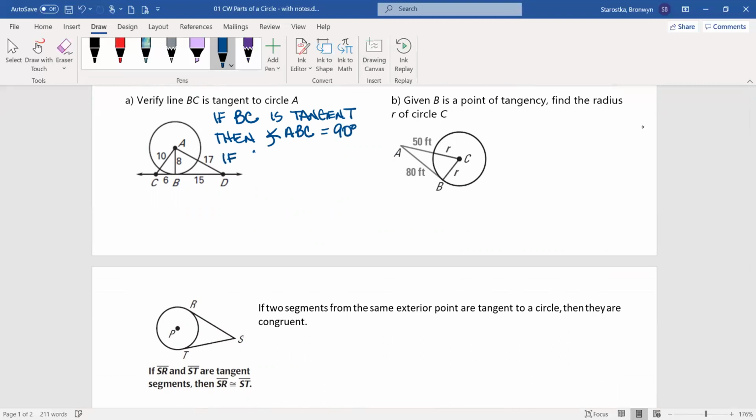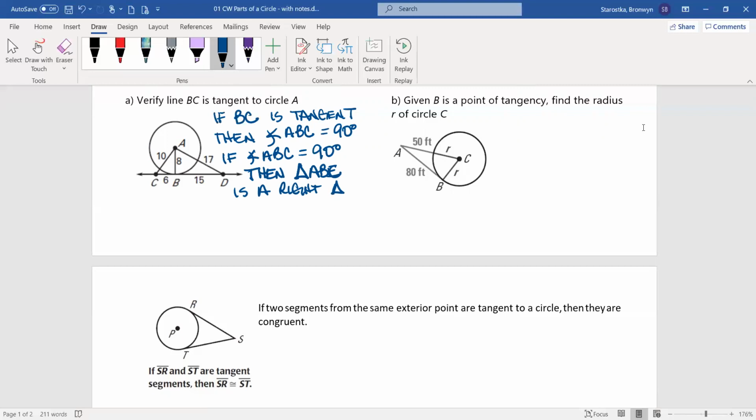And if angle ABC were to equal 90 degrees, then triangle ABC is a right triangle. What do we do with right triangles? That's right, Pythagorean theorem with SOHCAHTOA.